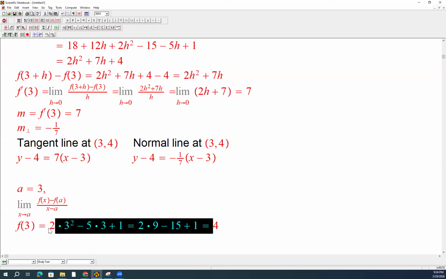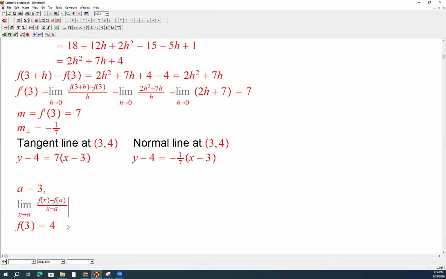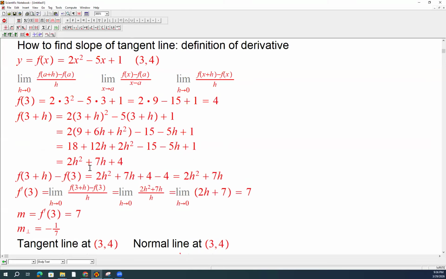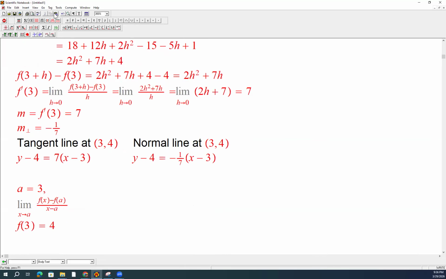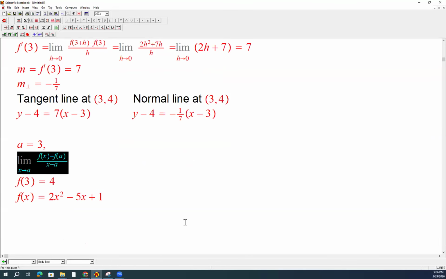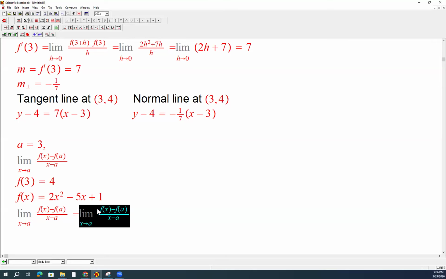And we're also going to take the f of x. Then we're going to compose this limit. To compose that limit, f of x will be substituted by this piece.